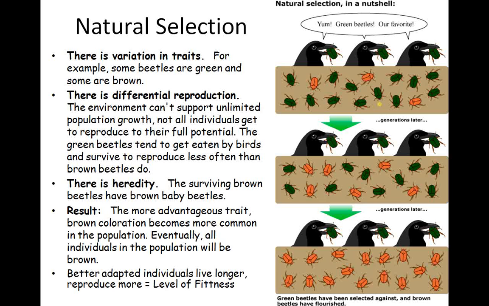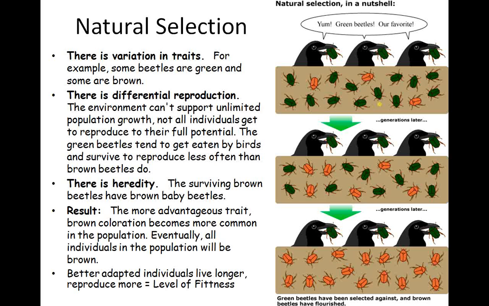The brown beetles will have a greater differential reproductive success than the green beetles because they live longer, and if you live longer, you're more likely to reproduce. Well, over time, what will happen is that the brown beetles will be more reproductively successful than the green beetles.